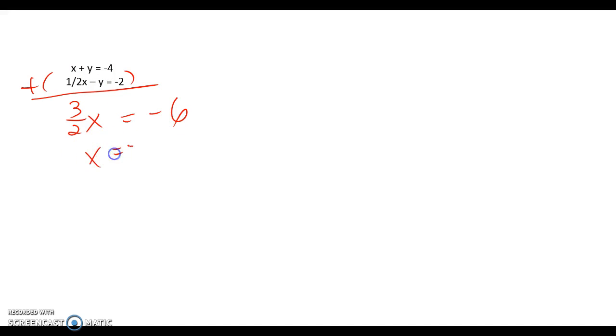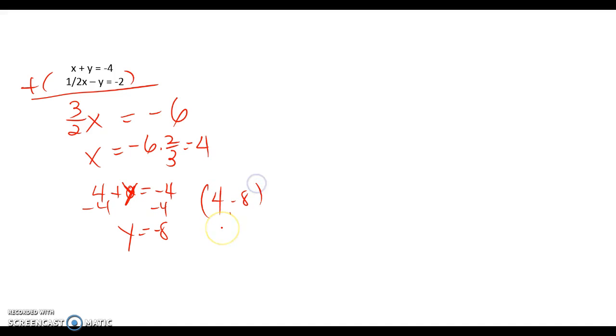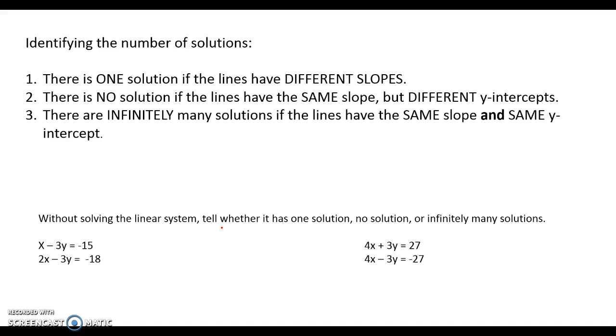So x will equal negative 6 times 2 over 3, just negative 12 over 3, which is negative 4. I think we might find that we have a solution. Let's see. If I plug in x equals 4, I get 4 plus y equals negative 4. Whoops, sorry, I'm solving for y. Subtract 4. y equals negative 8. So here you actually have a solution, don't we?